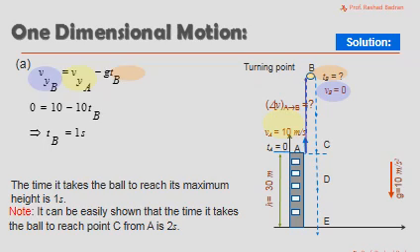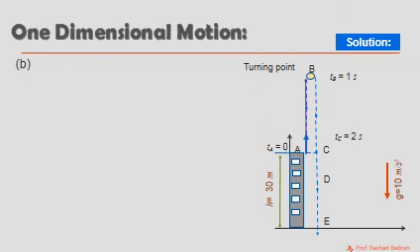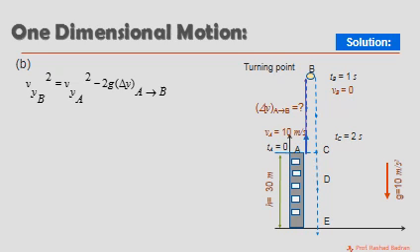Now to find the maximum height, as the purple line indicates, we have to check the information we have. We have an initial velocity of 10 meters per second, and it's required to find delta y from A to B. That represents the maximum height. Of course, the absolute value of this displacement is the maximum height.